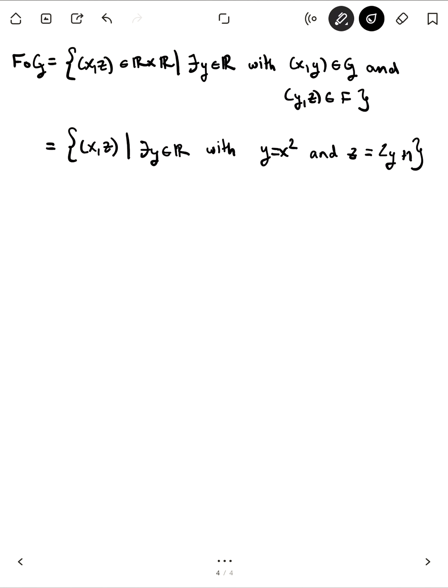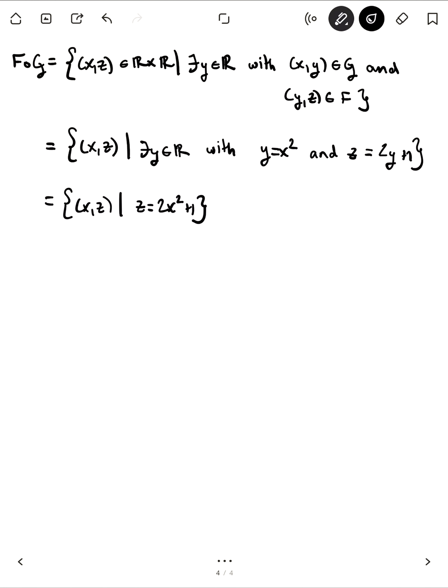And now what does this tell me? This tells me I can plug in x squared for y to get the relation between z and x. So that is the set of points (x, z) such that z equals 2x squared plus 1. Okay?